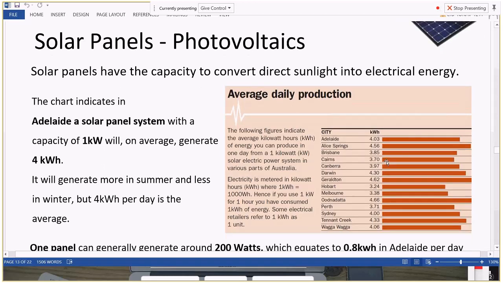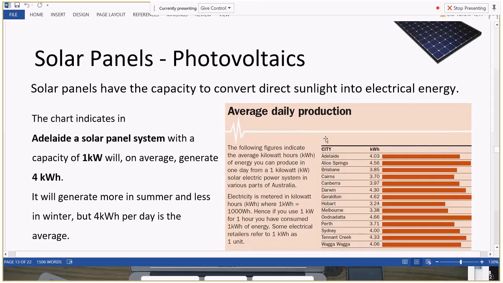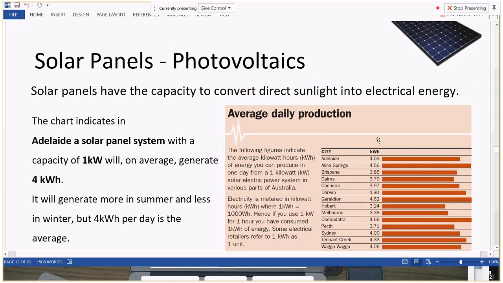So we've got this table here showing your different degrees of solar radiation that hit your solar panels. So let's say, in Adelaide, on average, our photovoltaic system will produce 4 kilowatt hours a day. So that's a 1 kilowatt system getting daylight for on average 10 hours a day.